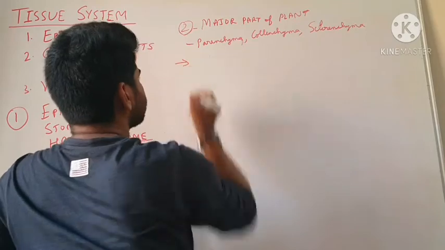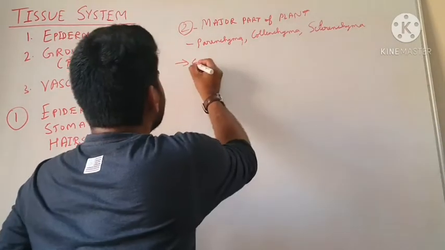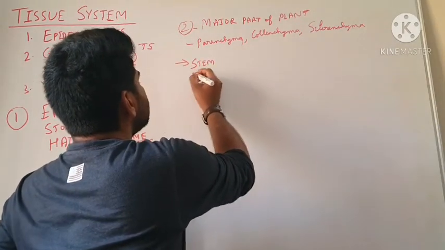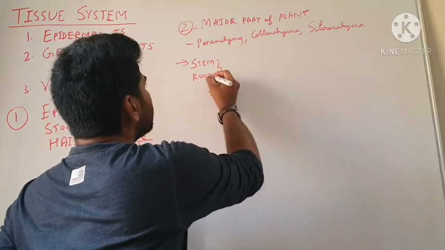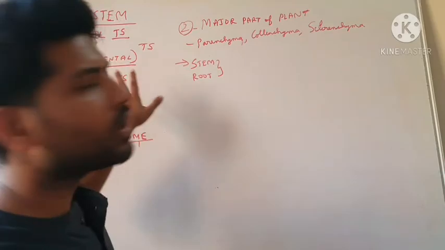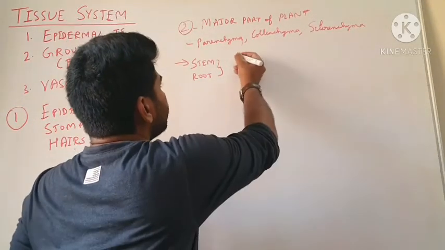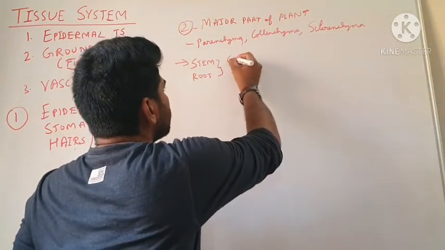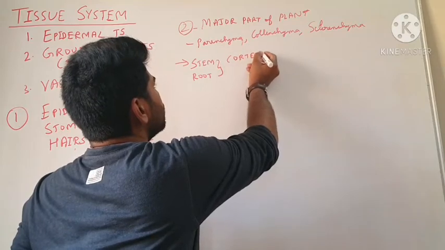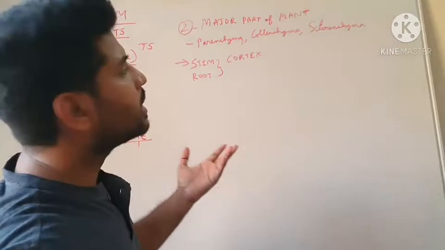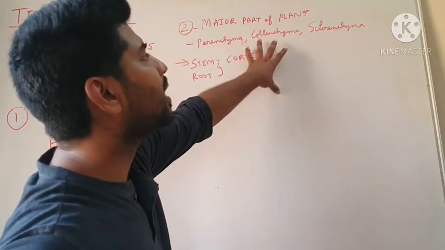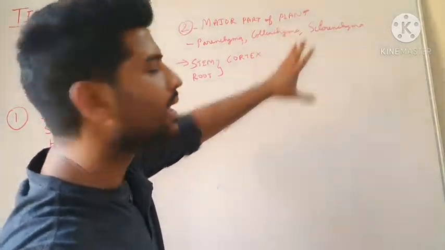In the stem and the root, we can see the ground tissue in the form of cortex. So the cortex contains the ground tissue. Mostly it contains parenchyma. Sometimes it is also made up of collenchyma, and rarely it is also made up of sclerenchyma.